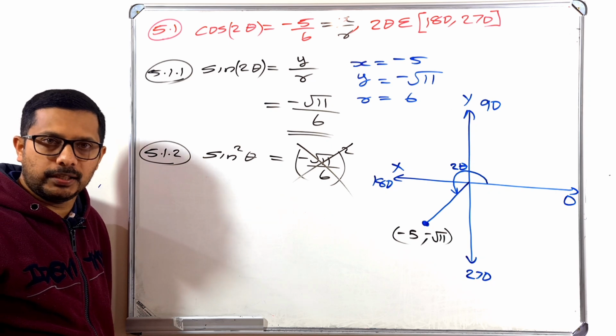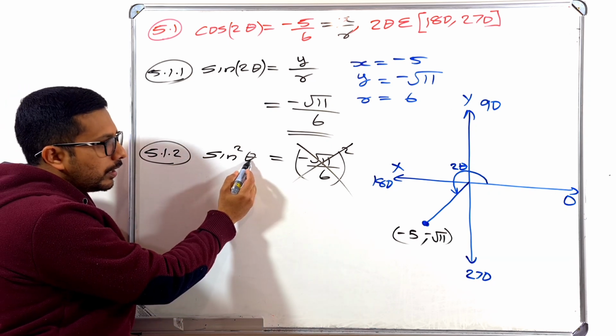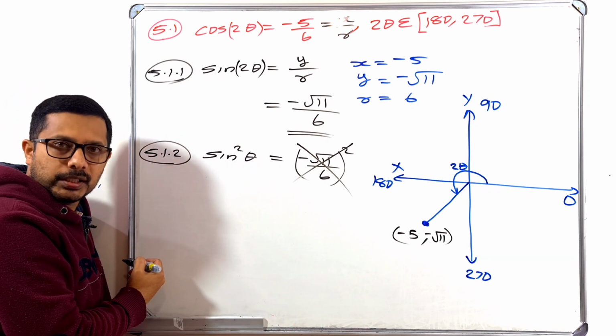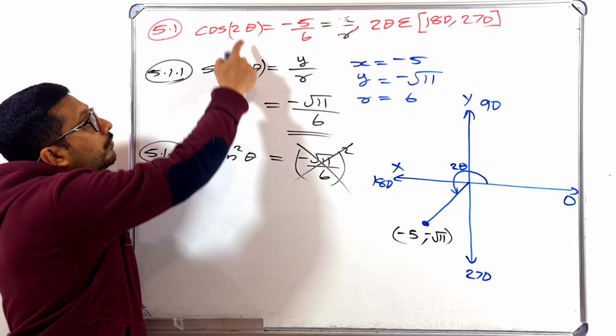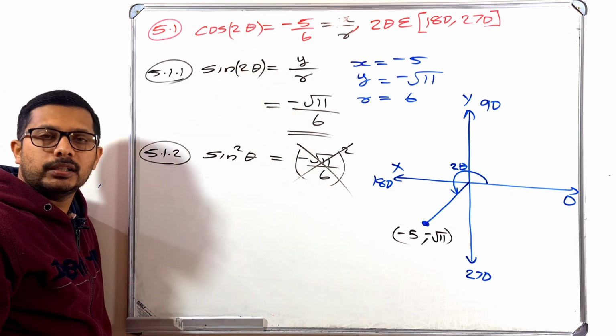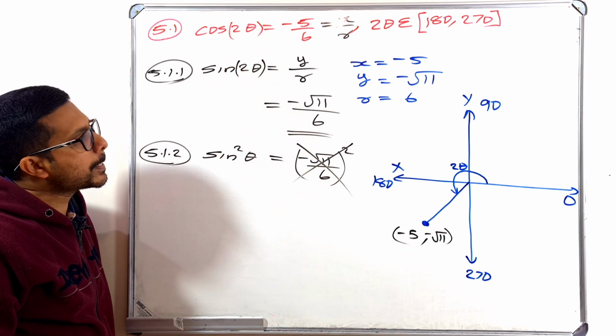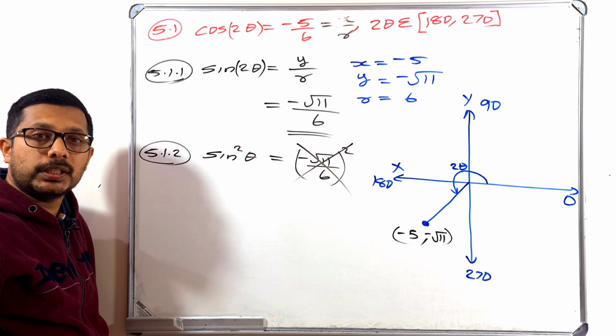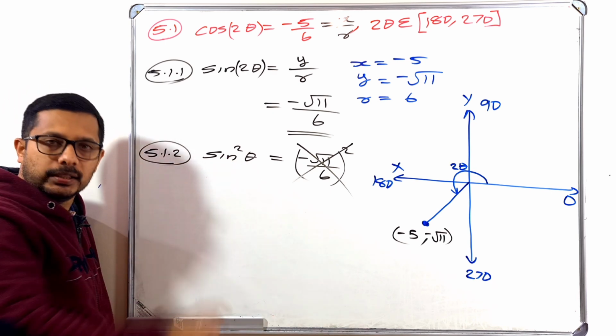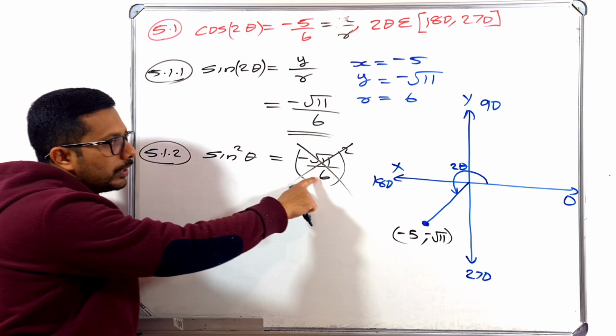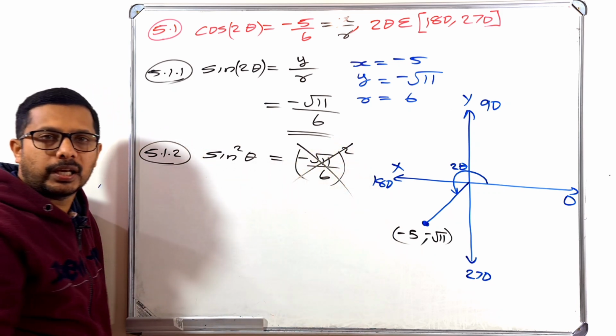Can you say why? Because here, what is the angle? Theta. But in the given value, it is 2 theta. Here the angle is theta. So if you write it like this, the answer is wrong.